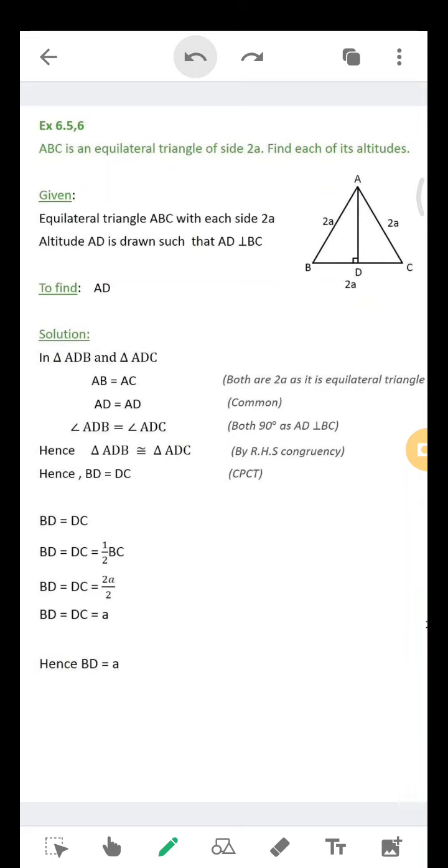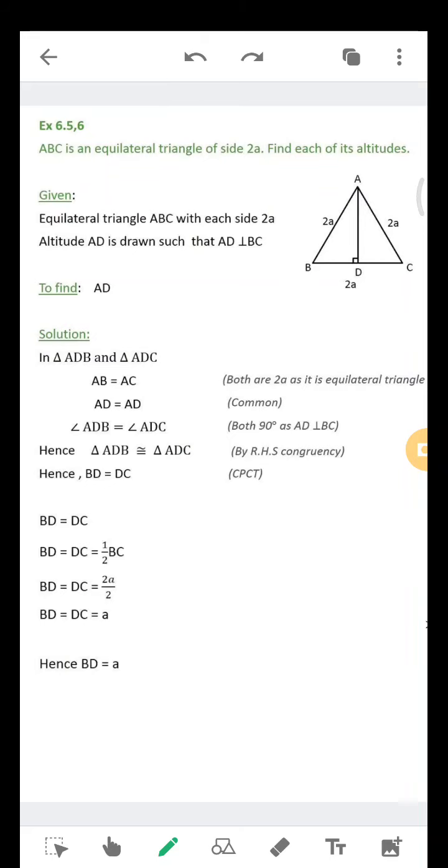So what is BC? BC is 2A, so 2A by 2 I'll do, that will be equals to A. So when this complete is 2A, what will be half of 2A? This will be A and this will be A again. Okay, so we have got the length of BD as A and DC as A.